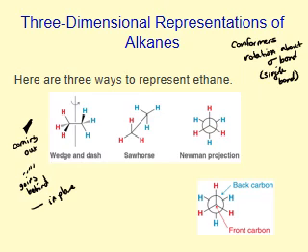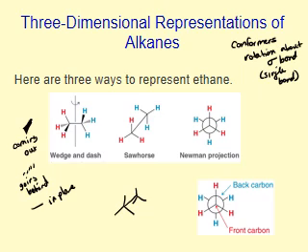You could also use a sawhorse, and it's called a sawhorse because in one of the other conformations of an alkane, it almost looks like a sawhorse from somebody's workshop.